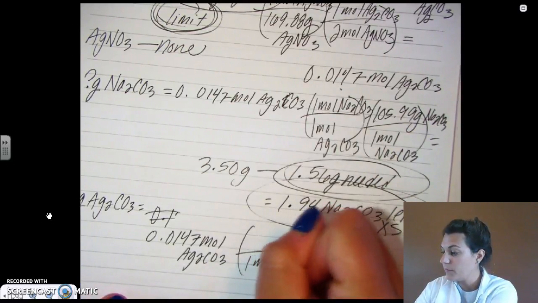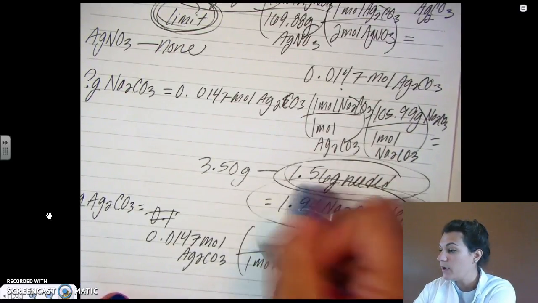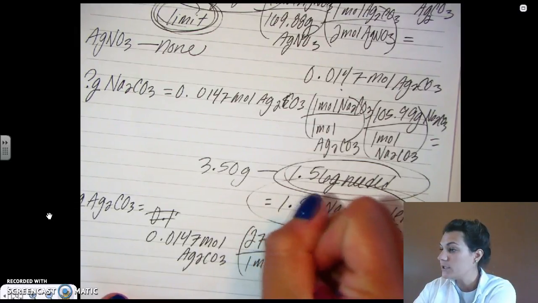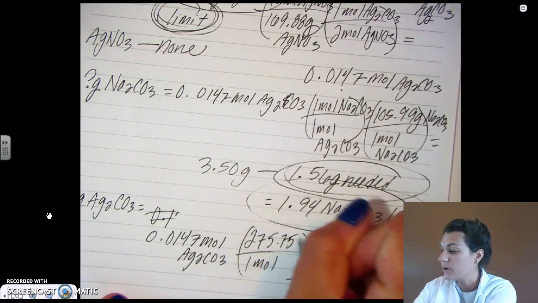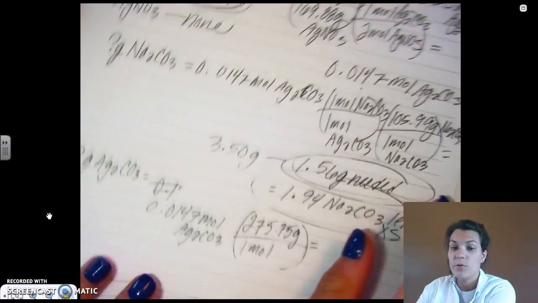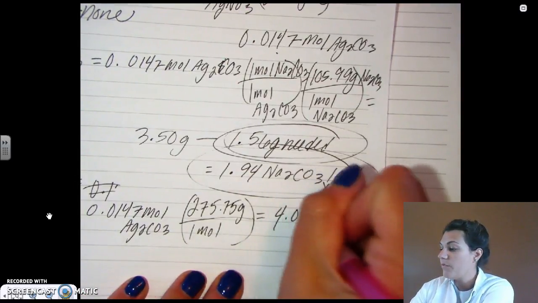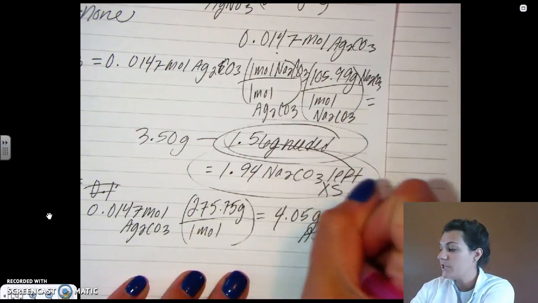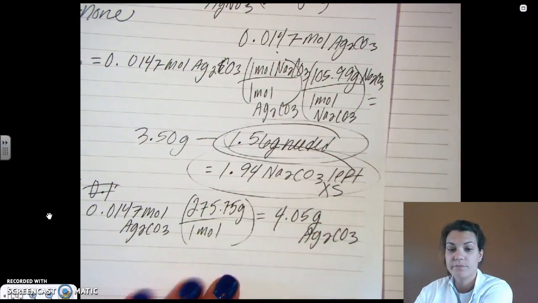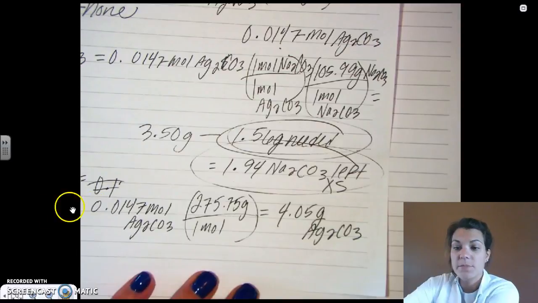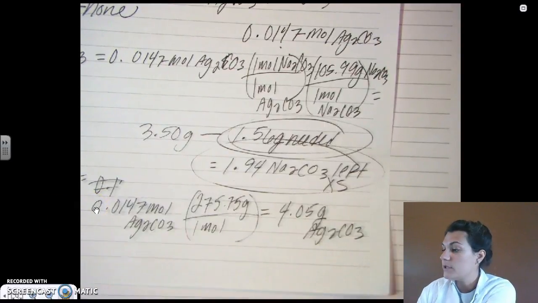And for every 1 mole, it's going to weigh, if I was to calculate that, 275.75 grams, which means I'm going to make 4.05 grams of Ag2CO3.